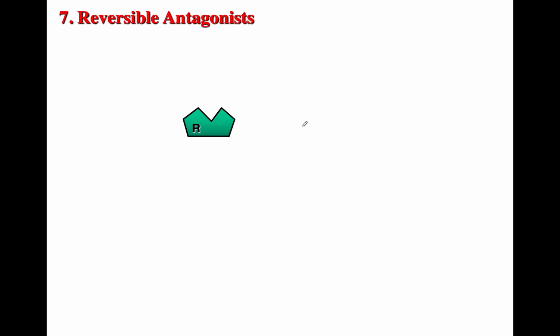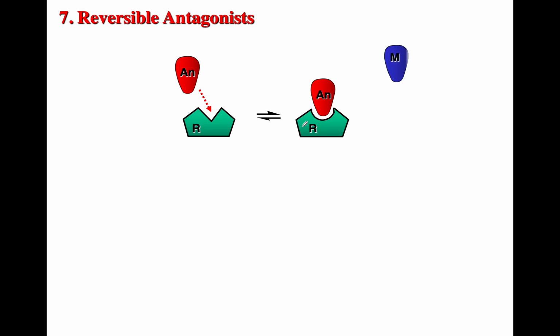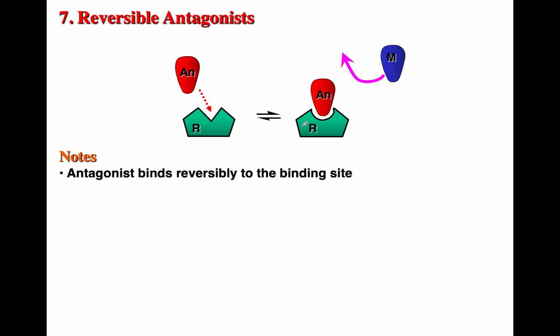All right, so now let's deal with antagonists. Antagonists are groups that are going to bind to the receptor, and they are basically going to block the natural ligand from binding to the receptor. Block the natural messenger from binding to the receptor. These antagonists can bind reversibly to the binding site.